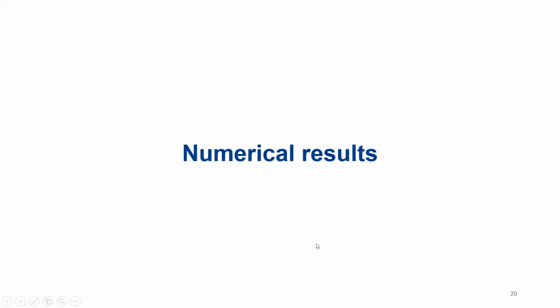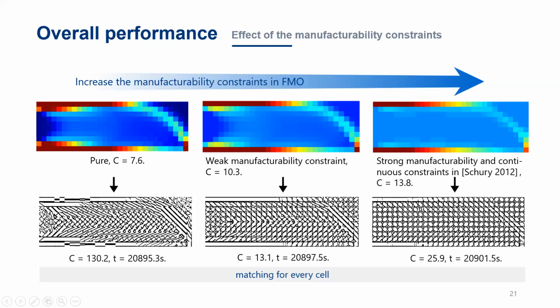Next, I'd like to move on to the numerical results to test the performance of our approach. Firstly, we test cases with or without manufacturability constraint in FMO. From left to right for the top figures, we increase this constraint, and we can find the compliance increases in either. Simply conducting inverse homogenization generally produces structures losing connectivity only if a strong constraint is imposed, however simultaneously losing the structural performance.